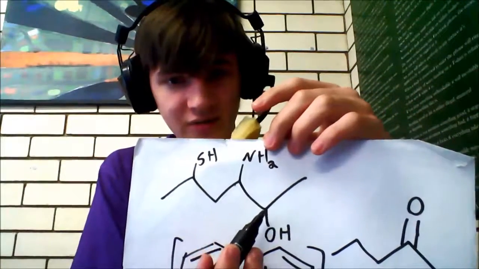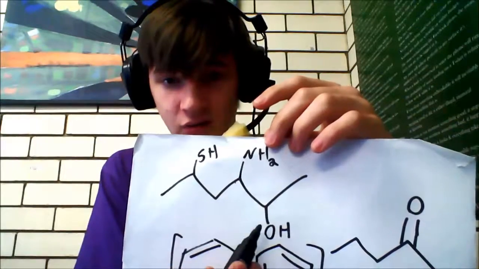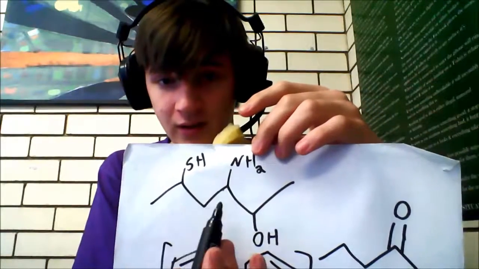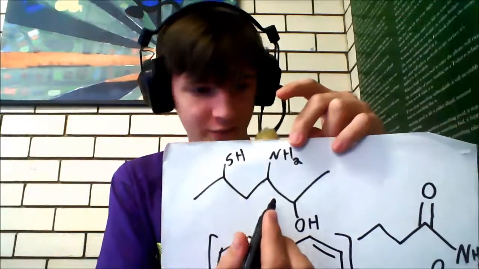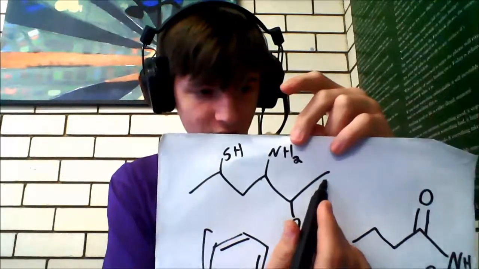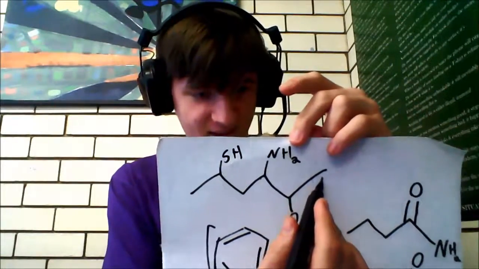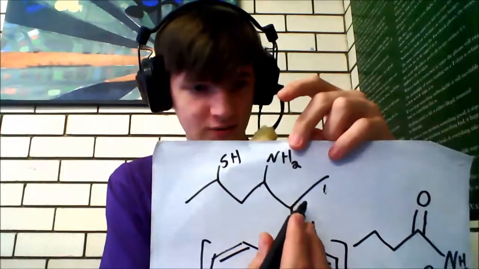From memory, the most important functional group out of these 3 is the alcohol group, then the thiol group, and then the amine. But we only care about the most important one, because we got to have numbers. Because this is the most important group, we number from this side. So this is going to be carbon 1, and then carbon 2, 3, 4, 5, 6.